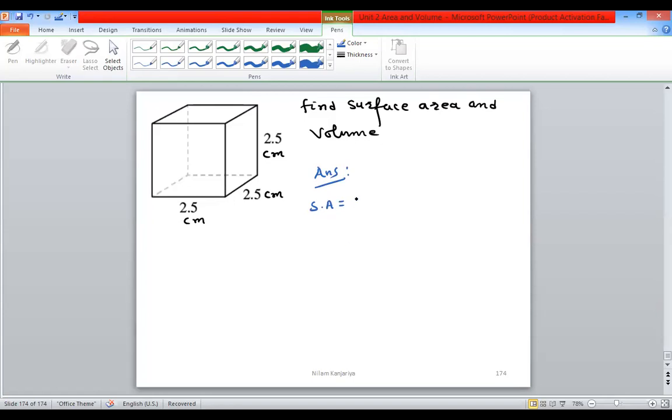(2.5) square into 6. What is it? And the volume. 37.5 centimeters square. And volume 2.5 cube is 15.625. 15.625.